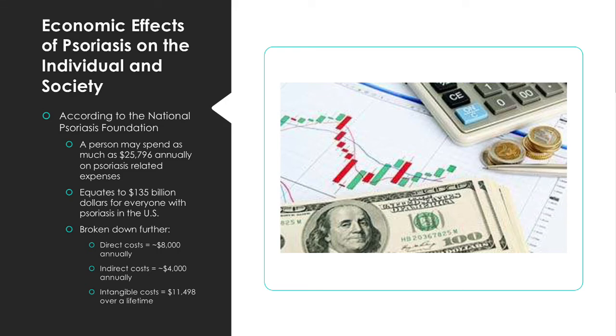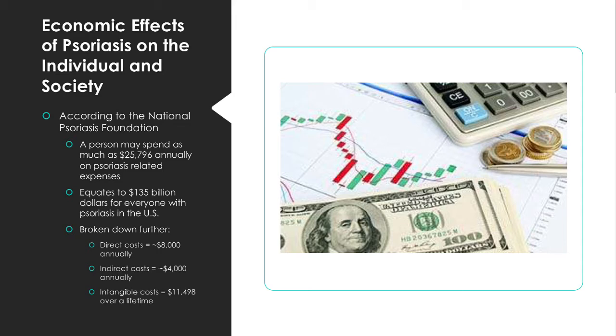Psoriasis has effects on the individual and society on an economic level. According to the National Psoriasis Foundation, a person may spend as much as $25,796 annually on psoriasis-related expenses. This equates to $135 billion for everyone with psoriasis in the US.